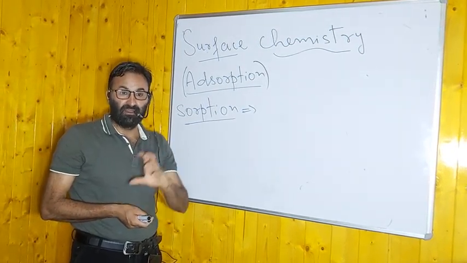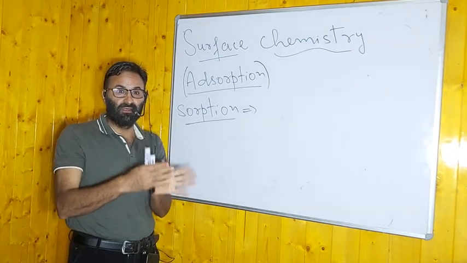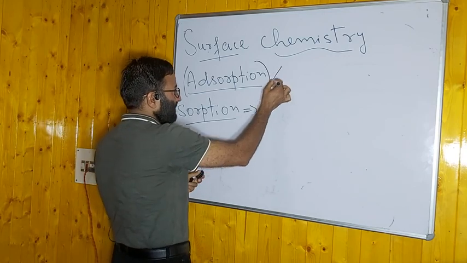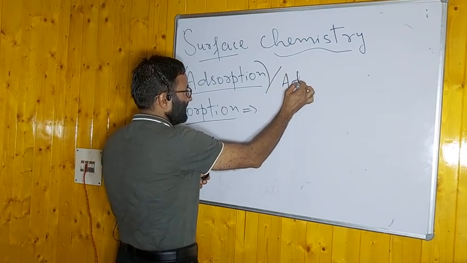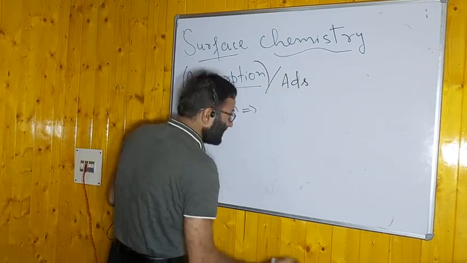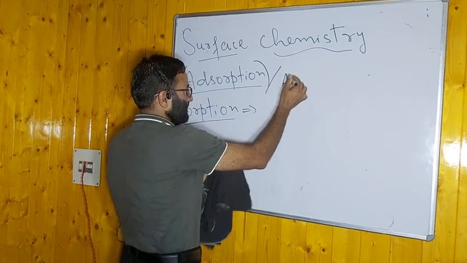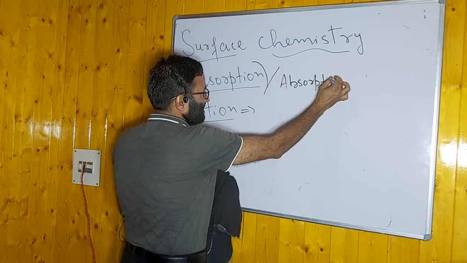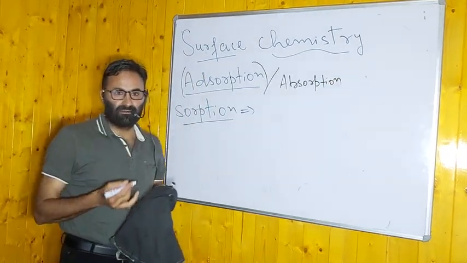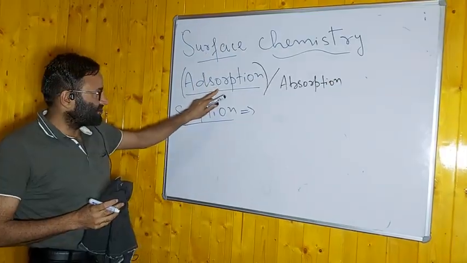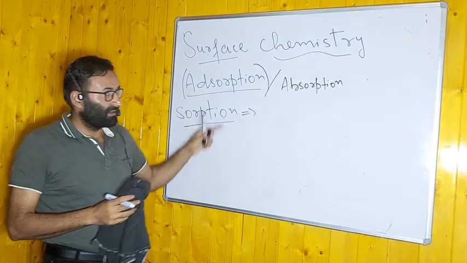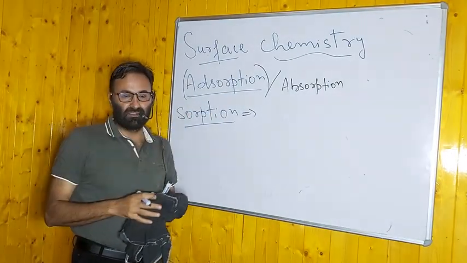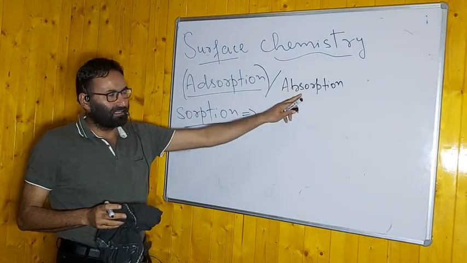Remember this point. Then we have distinguished two terms, adsorption and absorption. When the adsorbate particles remain on the surface, at that time it is adsorption. But when they enter into the bulk, into the whole body of the adsorbent, at that time it is absorption.